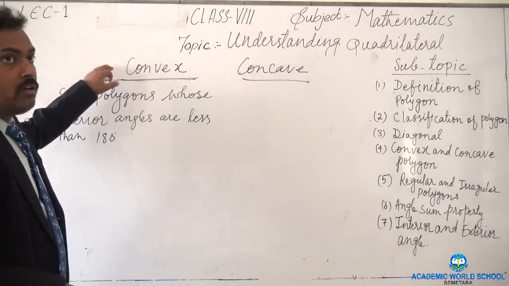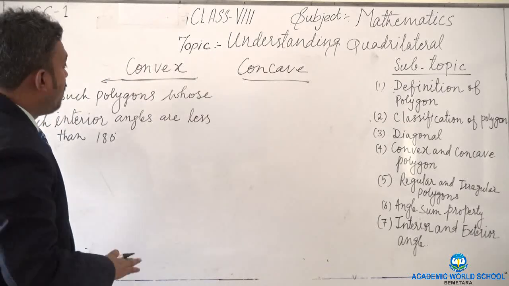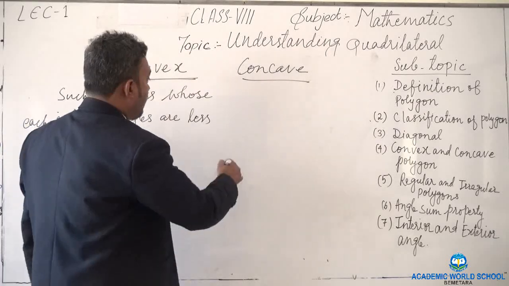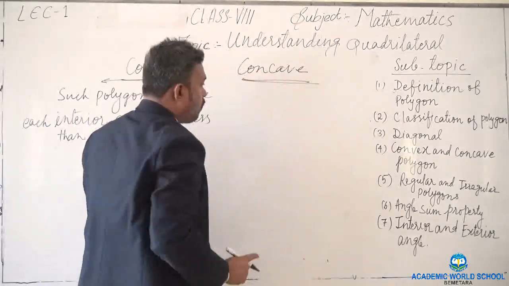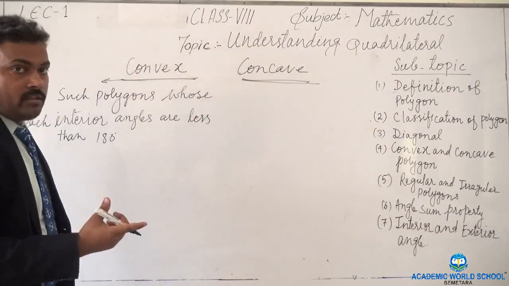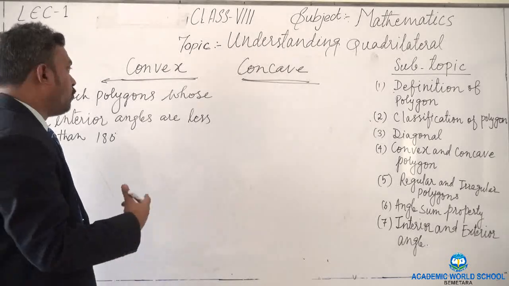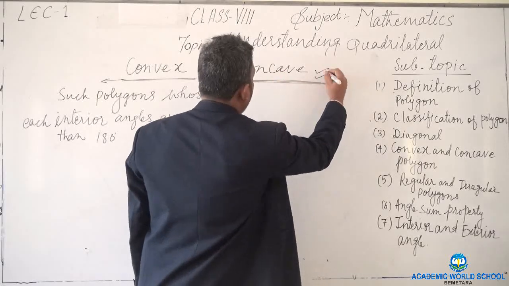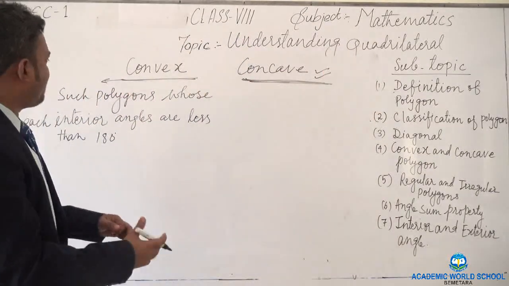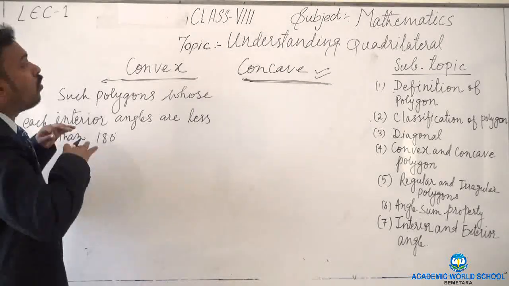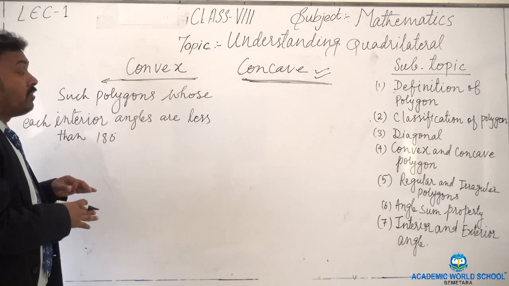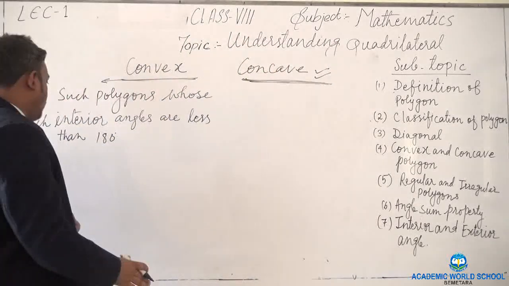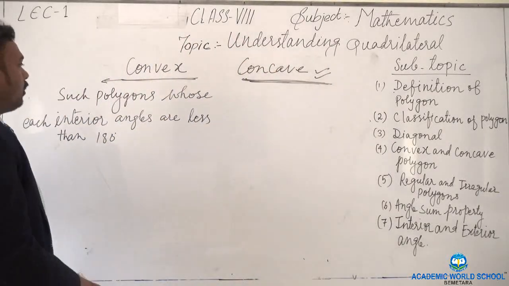That polygon is called a convex polygon. But if any interior angle is more than 180, that polygon is called a concave polygon. So the polygons which are not convex are concave polygons. Right.